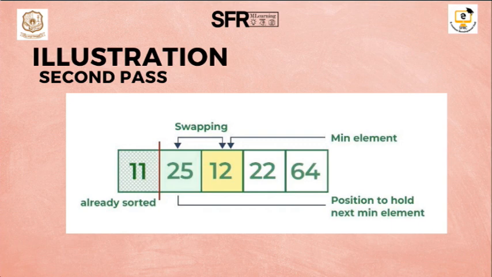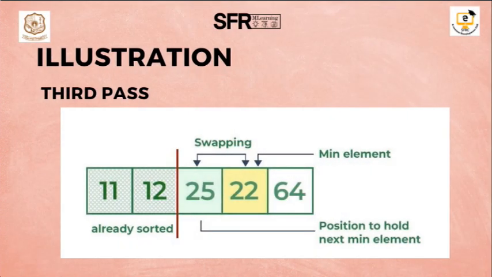Thus, we are going to swap 25 and 12. During the third pass, we are going to sort the third position. That is, again 25 is present in the third position. Now we are going to traverse the remaining elements in the array and we will find the third least element, that is 22. Now we swap 25 and 22.